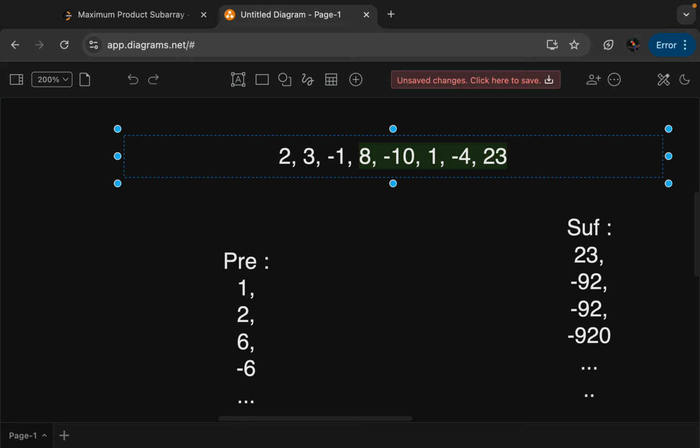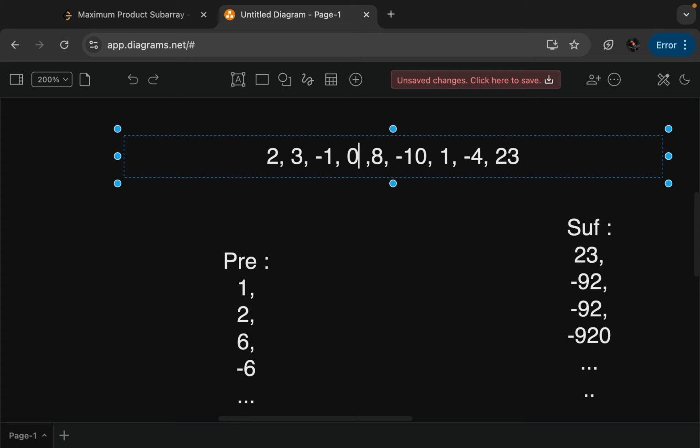So this would be taken care of, but there is another case to cover, that is the case of 0. If let's say there is a 0 in between in this array, the 0 would make the prefix of 8 as 0. However, it won't affect any suffix of it, but it will make the prefix product as 0.